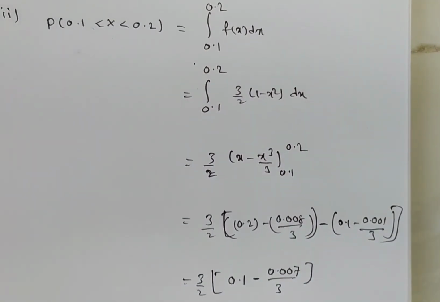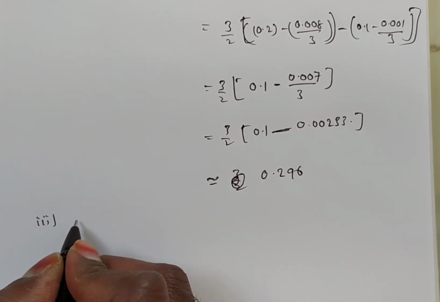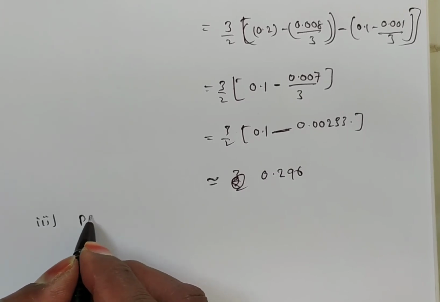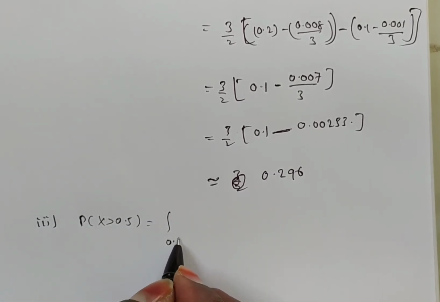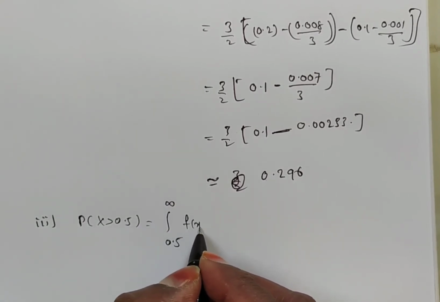Next, third problem we have probability that the value will take greater than 0.5. So probability of x greater than 0.5, that is integral from 0.5 to infinity f of x dx.